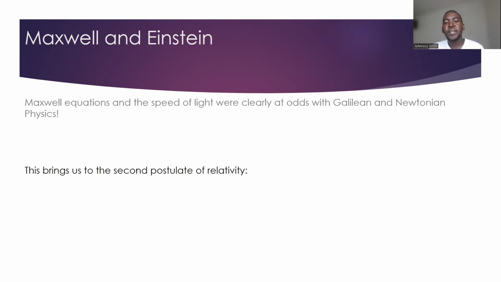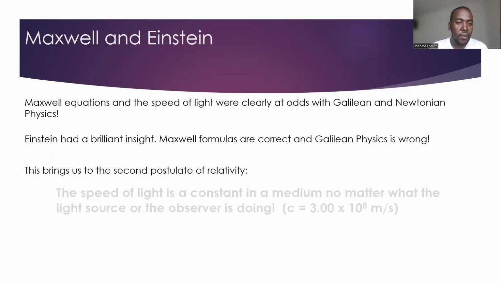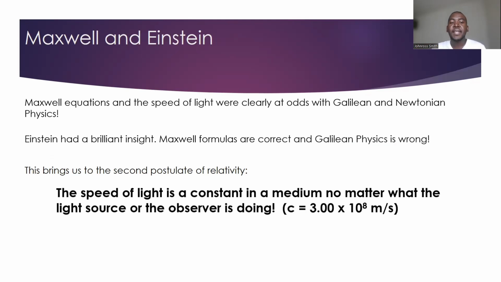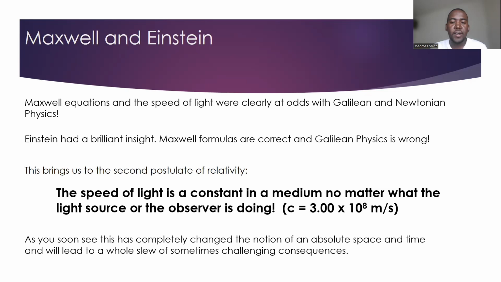So therefore, this gives us the second postulate of relativity, that the speed of light is a constant in a medium, no matter what the source of the light or the observer is doing. So whatever the observer observing the event or the source of the light is doing, the speed of light will always be the same number, cannot be more than 3 times 10 to the 8, and it will always be a constant within that event.